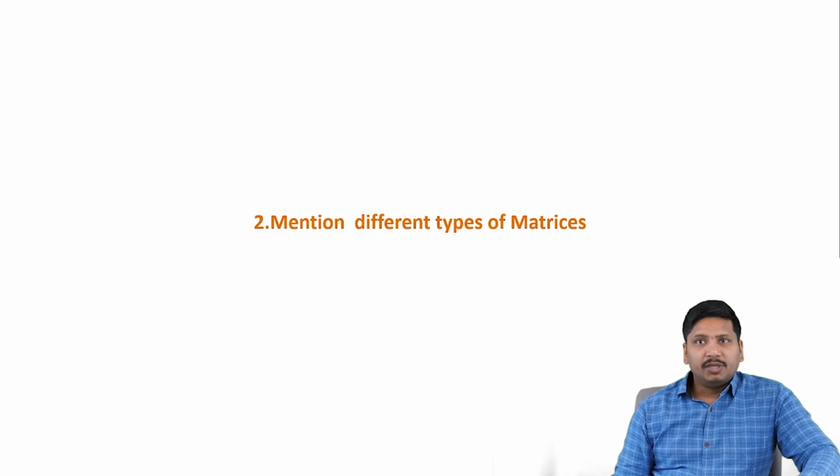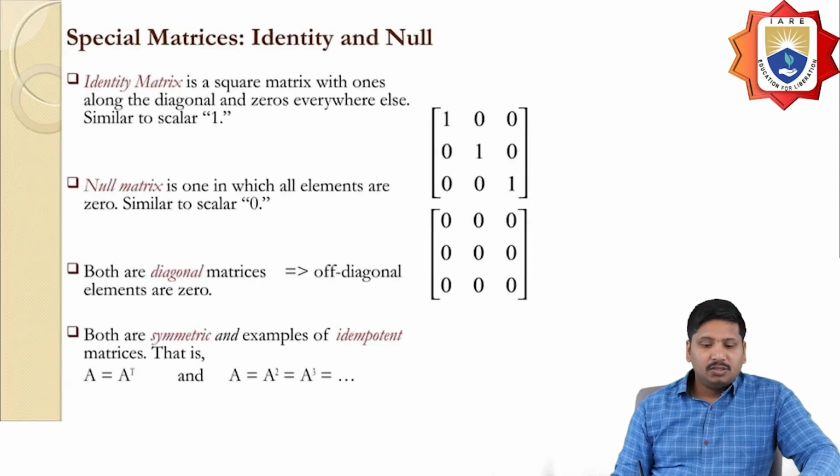Next, mention different types of matrices. Normally we have different types of matrices like identity matrix, null matrix, diagonal matrix and symmetric matrix. What is an identity matrix? An identity matrix is a square matrix with 1 along the diagonal and zeros everywhere else, and a null matrix is one in which all the elements are 0. Diagonal matrices have zeros off the diagonal.